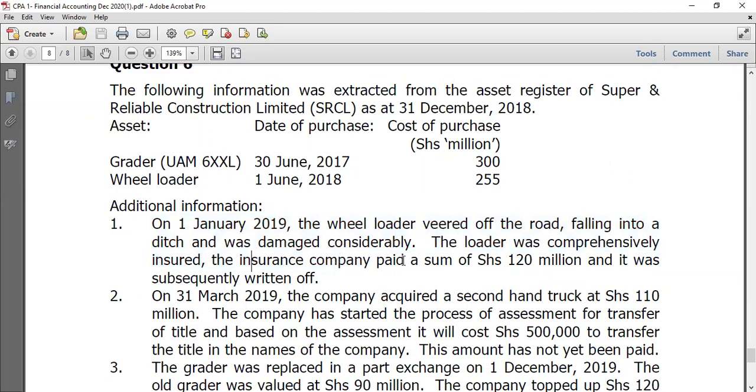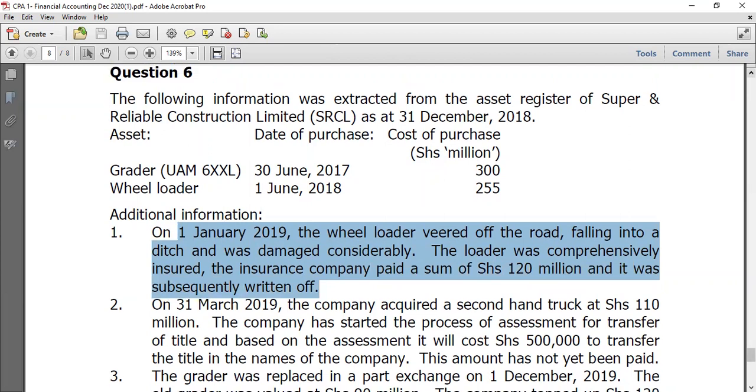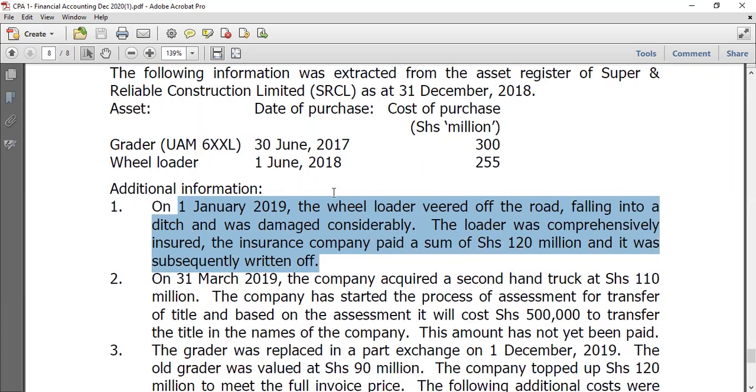The insurance company paid a sum of 120 million, and it was subsequently written off. Now, in attempting to reflect this within your books of accounts, yours is to first look at what was the value of the loader before it veered off.